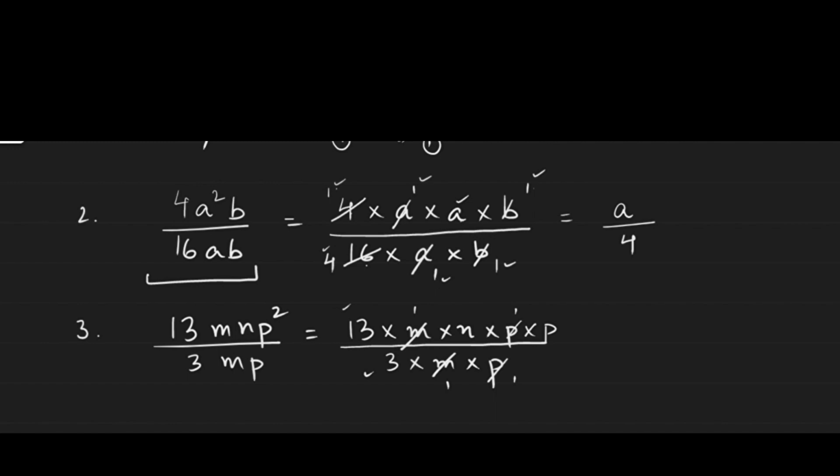Even if you do not write 1, it's the same thing. So 13 is left, m cancels, I have this n left, and I have this p left, divided by 3. This is the answer. Rest all is 1, and multiplying by 1 gives you the same answer. So even if you do not write 1, it will not make any difference. It's the same.